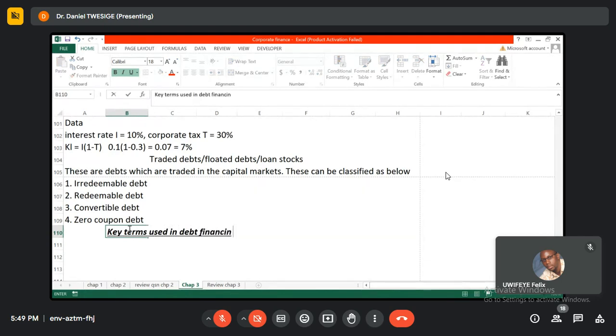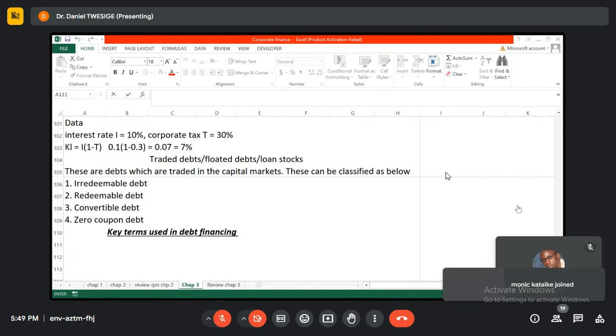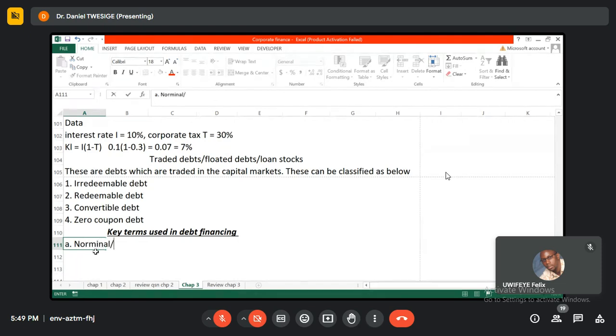Before we look at those types, I want to first understand the key terms that we need in debt financing. Number one, we have what's called the nominal value, also called face or par value.